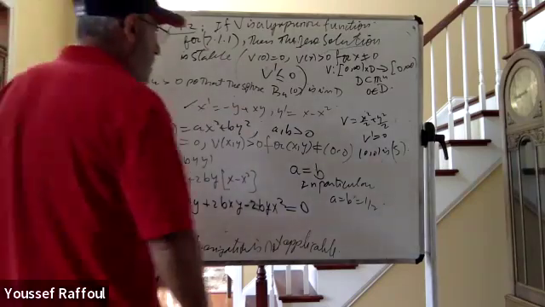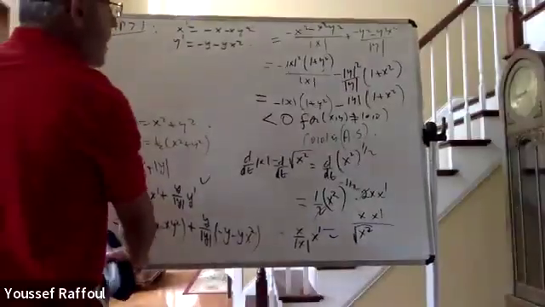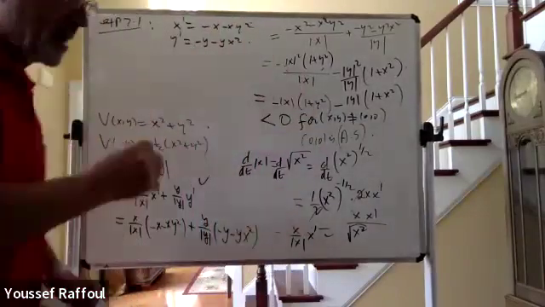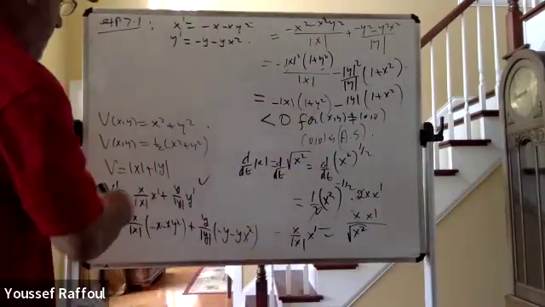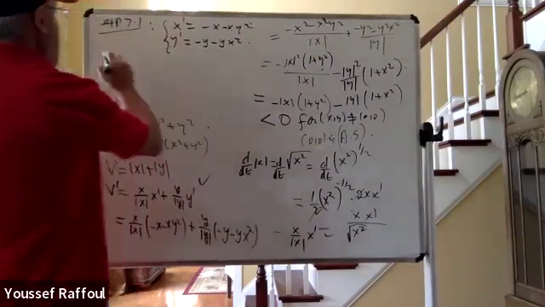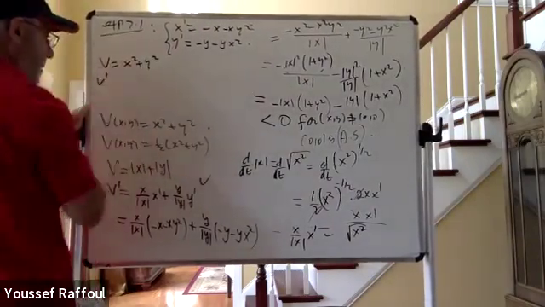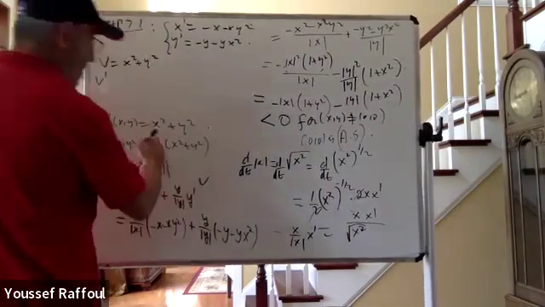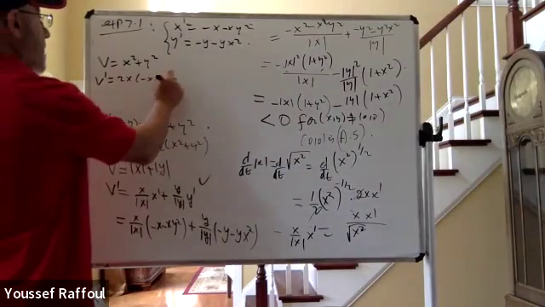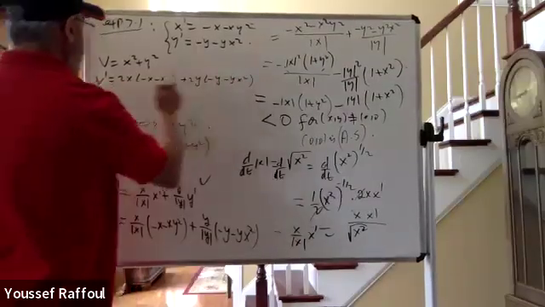Okay. Now, let's take a look at this example here. I got excited yesterday and I gave you a little bit of misinformation. I saw this was the example we did. It was the other one on the other board I showed you. So if I take V equal x squared plus y squared, then V prime is 2x minus xy plus 2y minus y x squared.